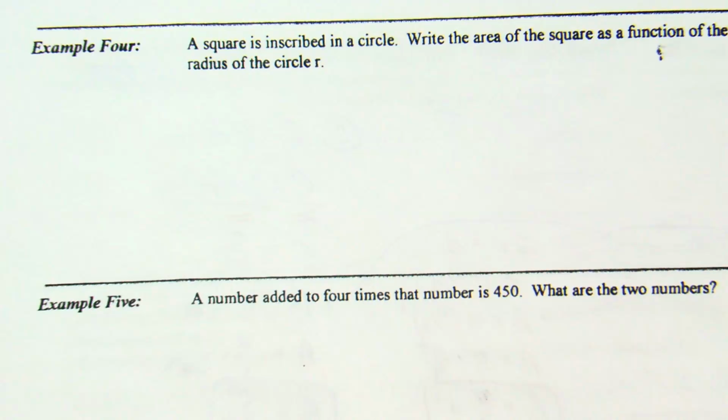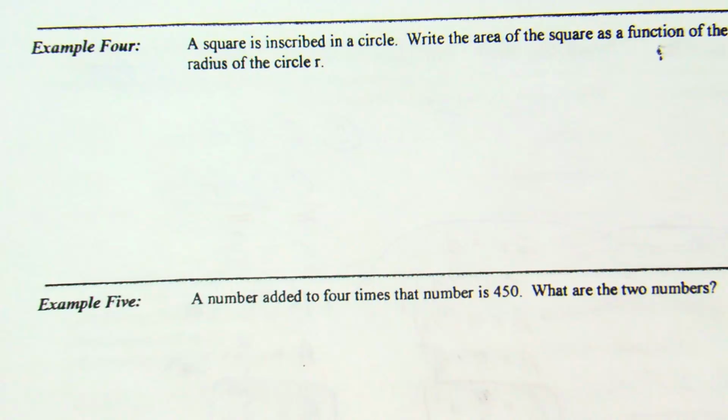So instead of length times width, I'm going to say S squared, because it's S times S. That is the typical way to express area of a square. And that just means it's side squared. Now, that's area expressed as a function of the side of the square.